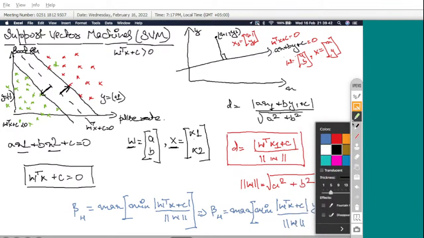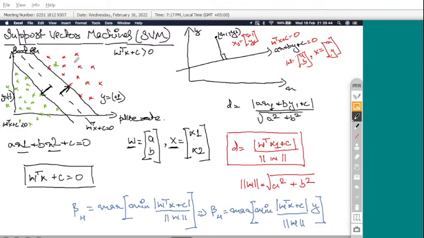After doing such multiplication, W transpose X plus C into Y is going to be a negative distance, right? That needs to go to this side. Okay, wait.